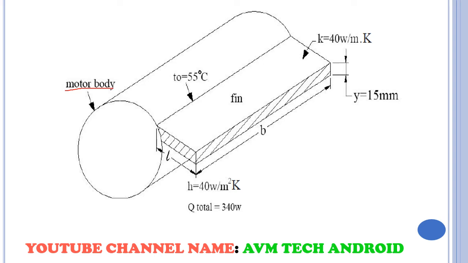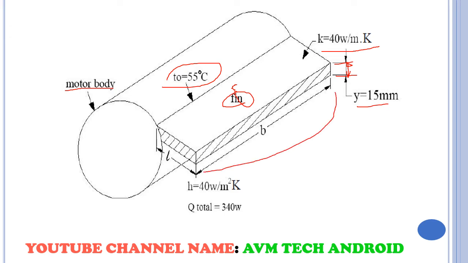So this is the motor body, base temperature is 55, the fin is installed here, you can see thermal conductivity of fin is given, thickness of fin is given, length is also given, and width is also given. Convection heat transfer coefficient of surrounding fluid is given, and total heat dissipation, that is also given. We have to find out number of required fin.